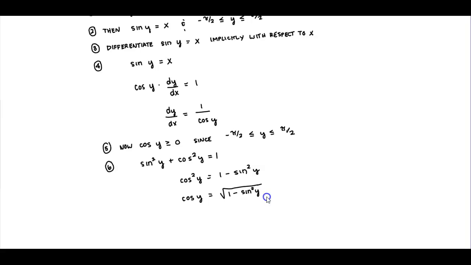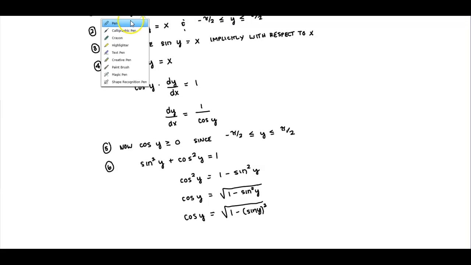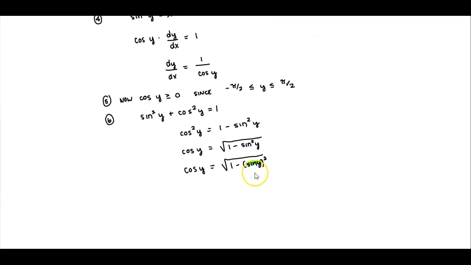Okay, now, what do we know about the sine of y? Well, if we take a look back at what we called the sine of y, we said it's going to equal x. So we can replace this sine of y with x. So therefore, the cosine of y is going to equal the square root of 1 minus x squared.